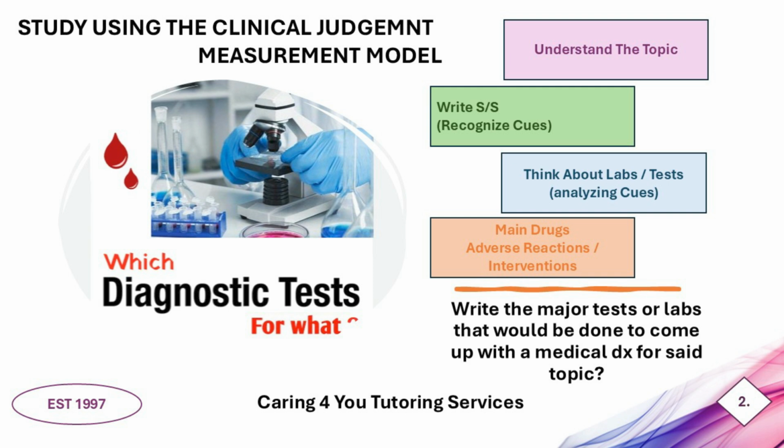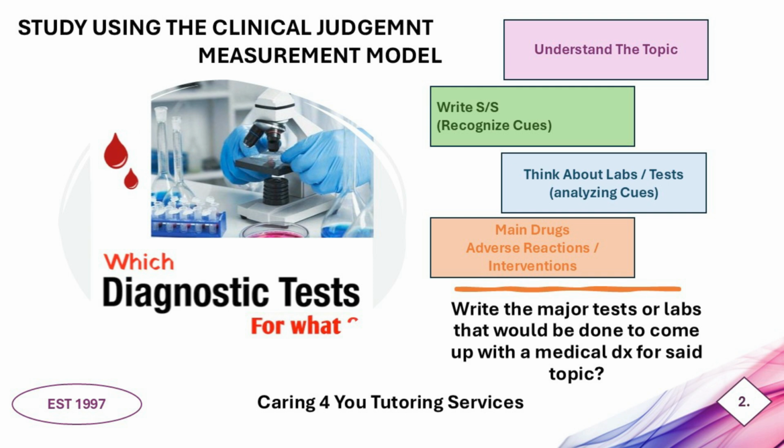In the clinical judgment measurement model, this would be part of recognizing cues, right? If you are reading in a textbook, write down some signs and symptoms. If you are reading a case study, like I said, start writing down why the client was there. What exactly is wrong with them, right?